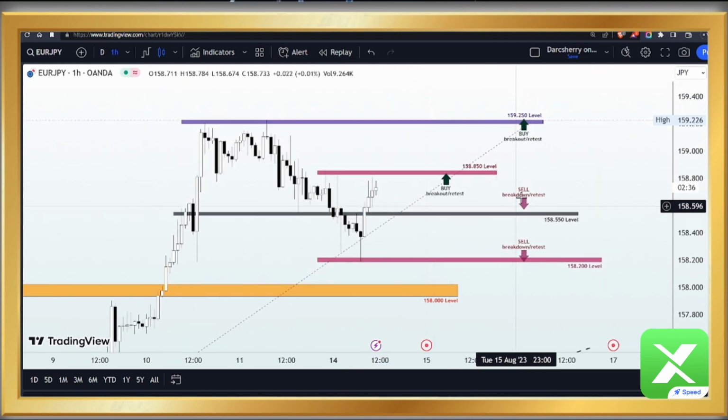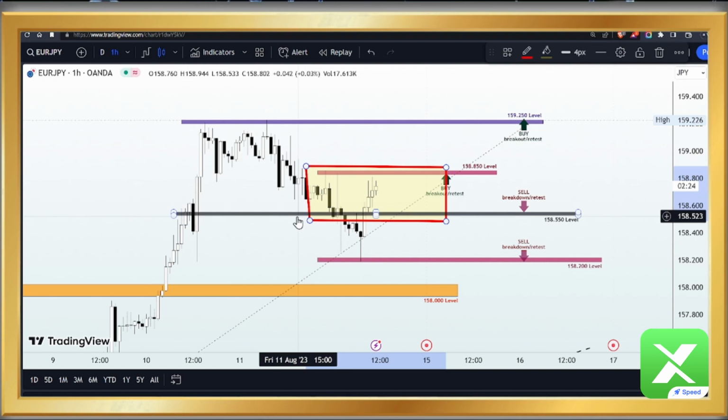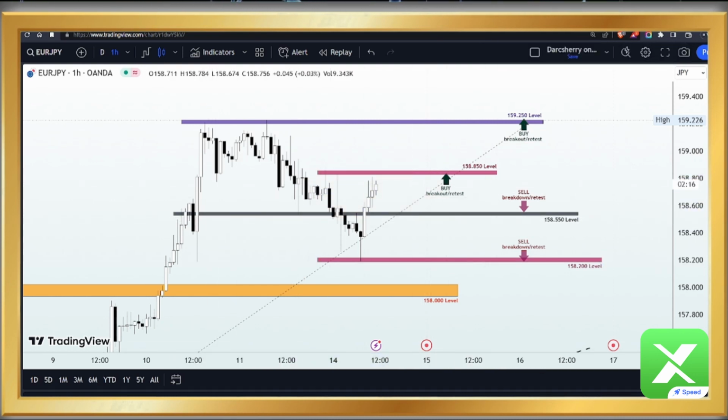So you do want to be marking out those levels on your chart. Our center of focus right now is simply between the 158.850 and the 158.550 level, where depending on how price action reacts to the zone will determine where our next line of action will be. So please don't forget, we are using the 158.850 as a yardstick to guide a bullish momentum.